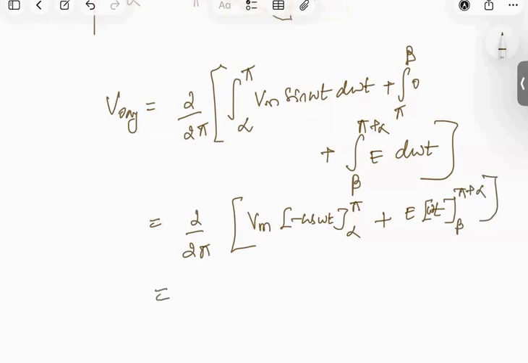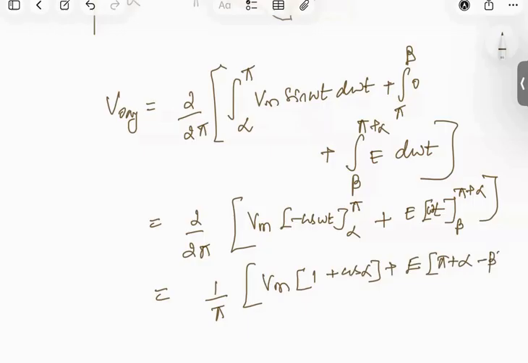So this will be equal to 1 by pi Vm, minus cos pi, which is 1, plus cos alpha. Then plus E into pi plus alpha minus beta. So this is the V naught average: 1 by pi into Vm into 1 plus cos alpha, plus E into pi plus alpha minus beta.